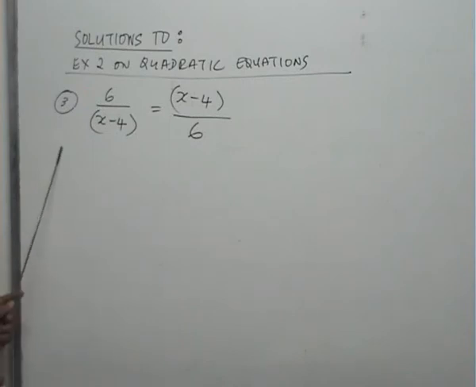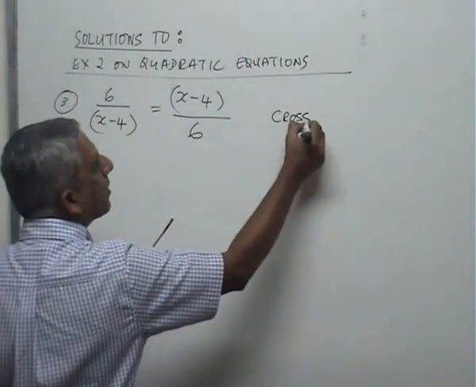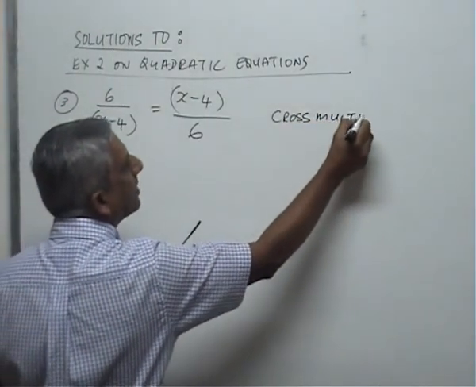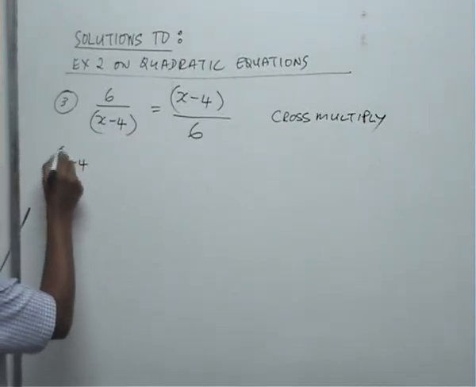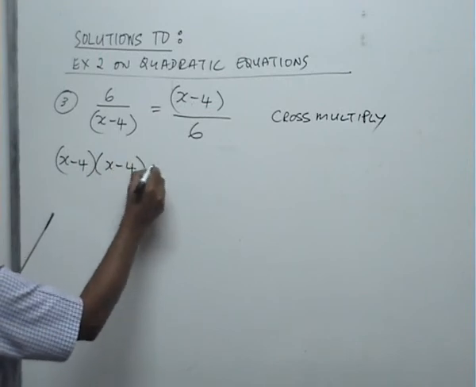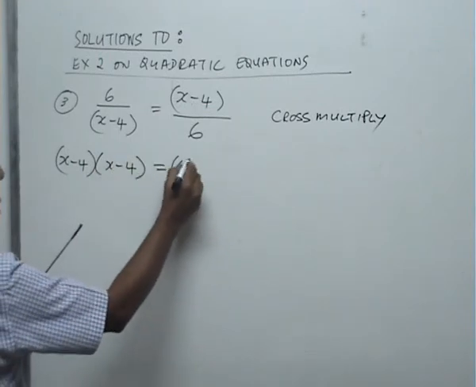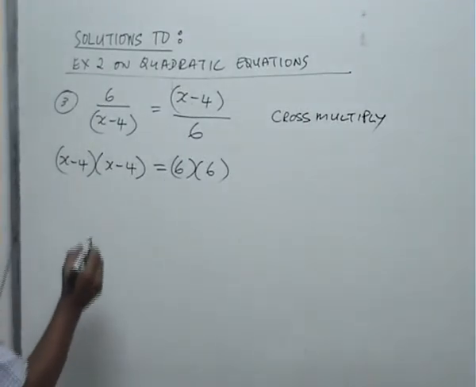Here we have number 3, and in number 3 you have to cross multiply. So you get x minus 4 times x minus 4 is equal to 6 times 6. Then here we've got a number of products.